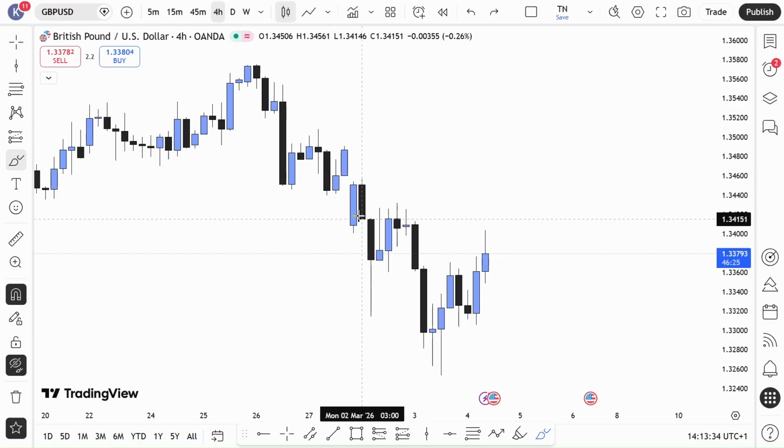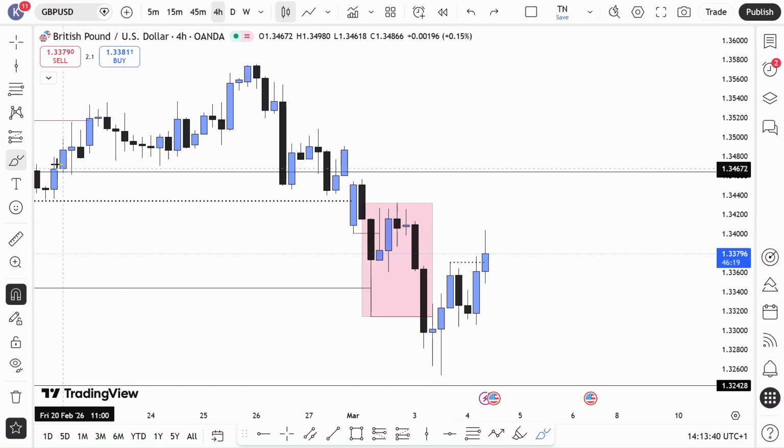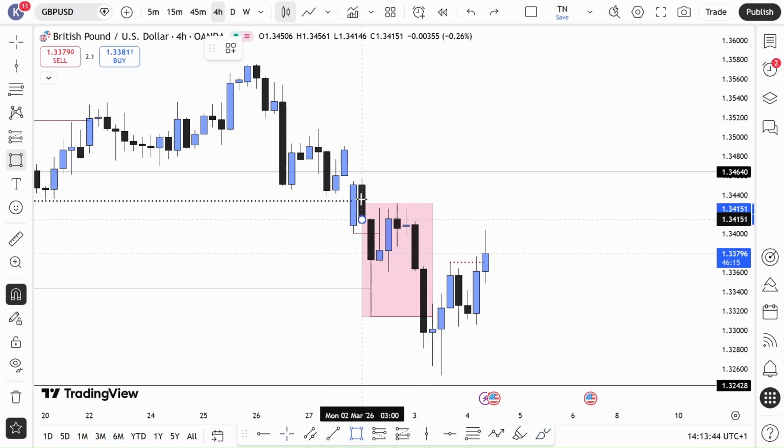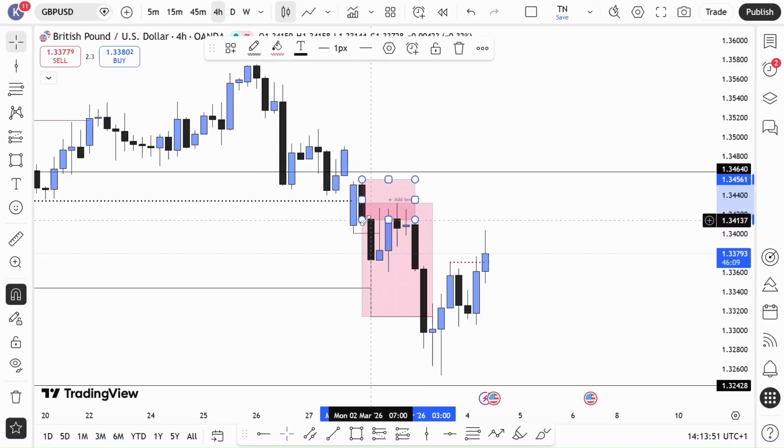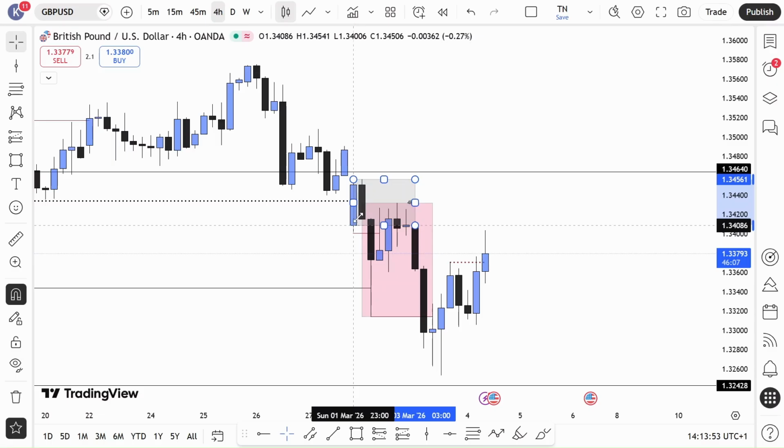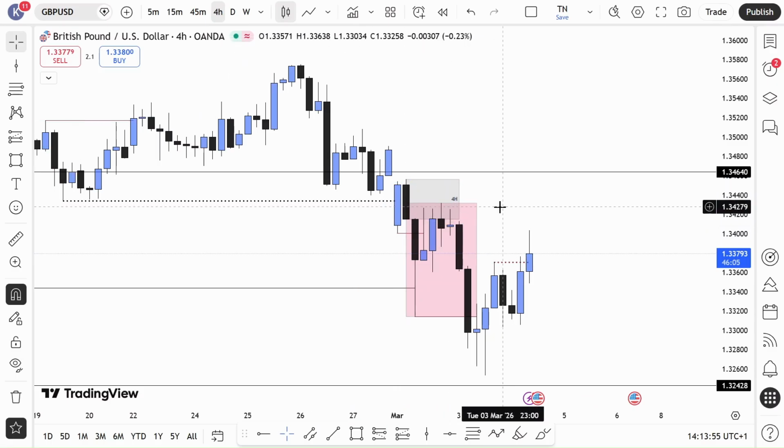So this was very much a structural region for us to look out for and anticipate a reaction from. Basically I just had my POI around this region. You just need to train your eyes and try to understand what is happening, else you wouldn't have been able to see this POI.